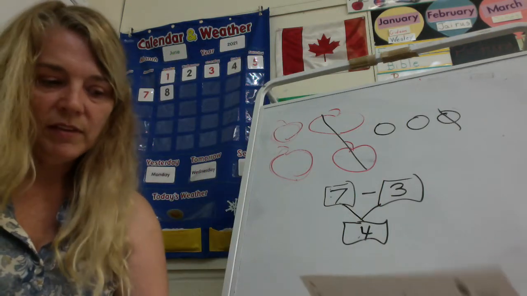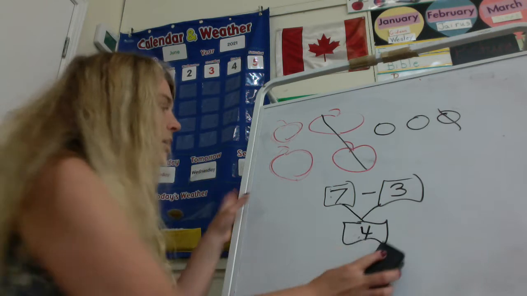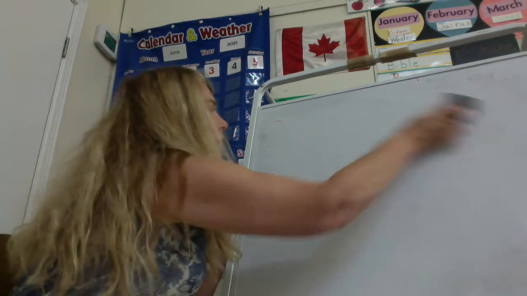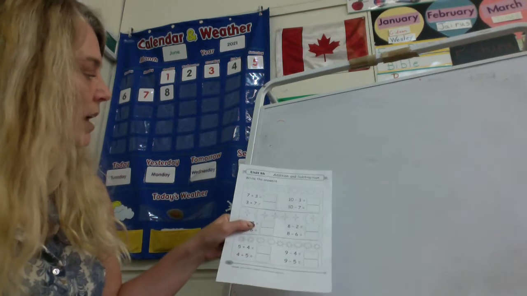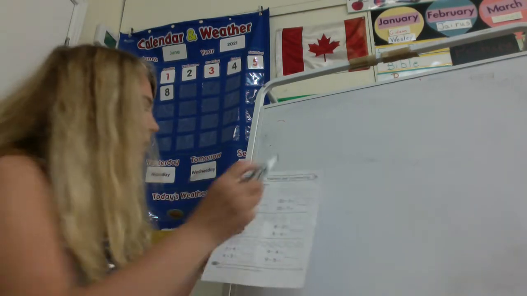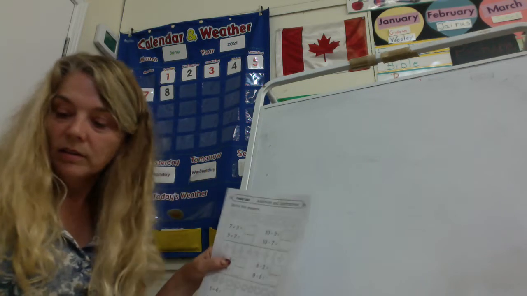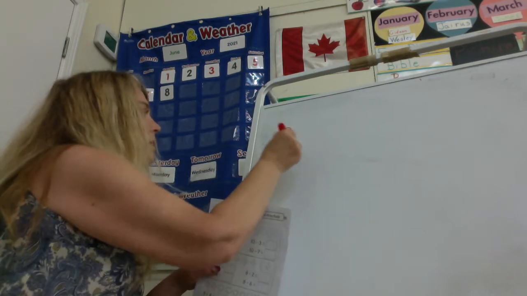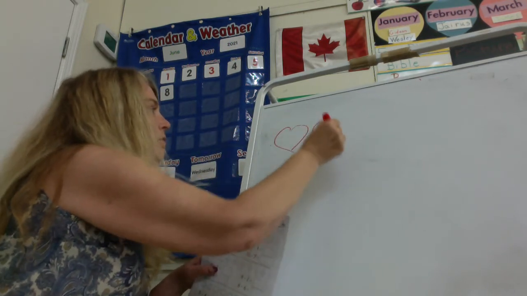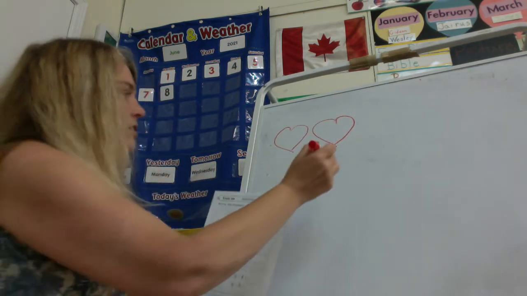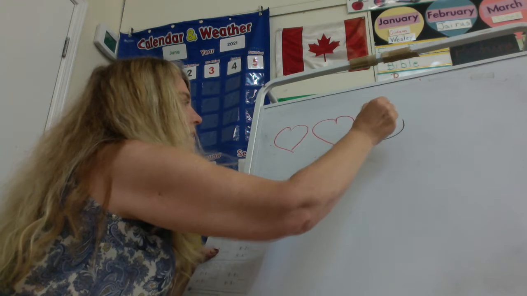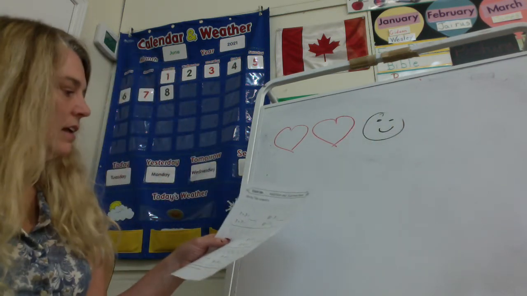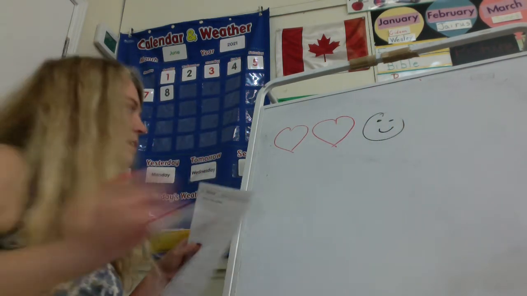Let's do an example of that together. So our first one, we have hearts and circles. 2 hearts, 1, 2, and a circle. Happy face. And then 2 more hearts.